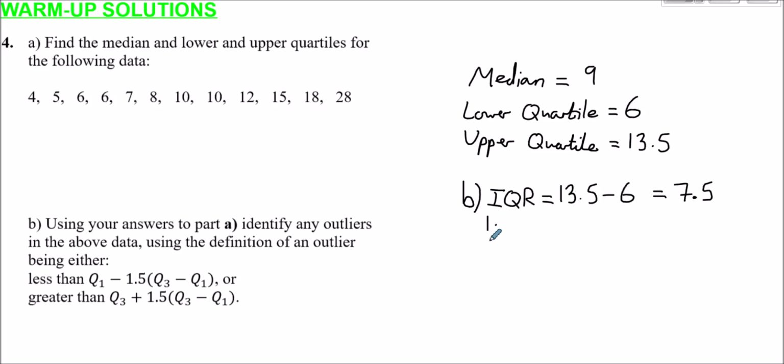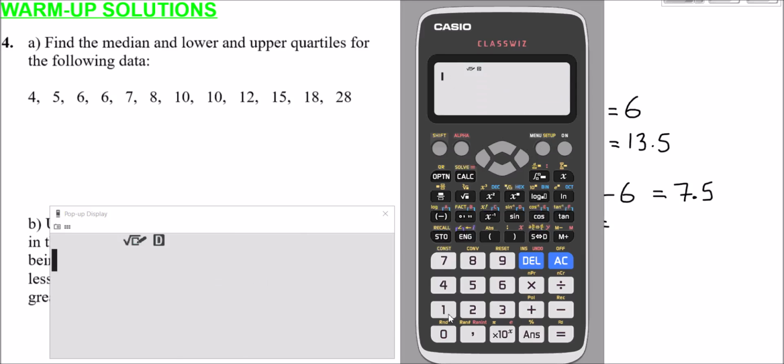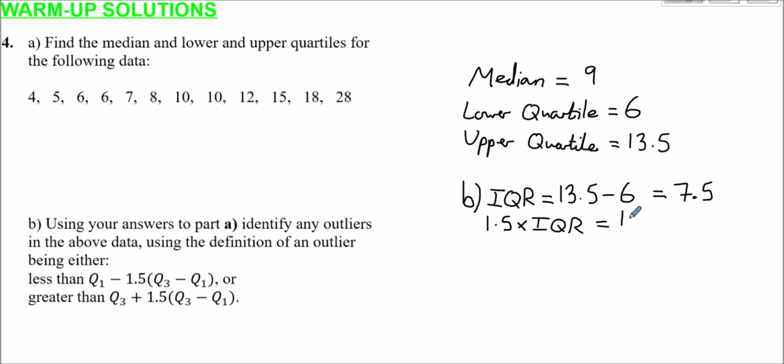We can now do 1.5 multiplied by the interquartile range. So 1.5 times 7.5, and that gives us a value of 11.25.